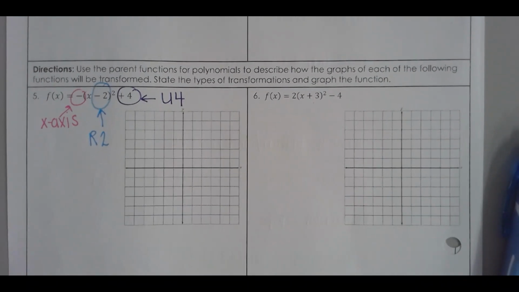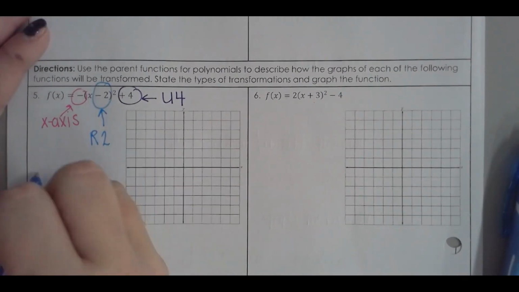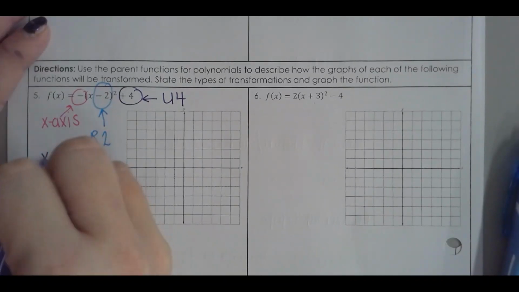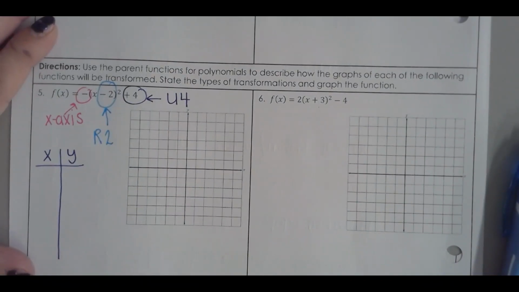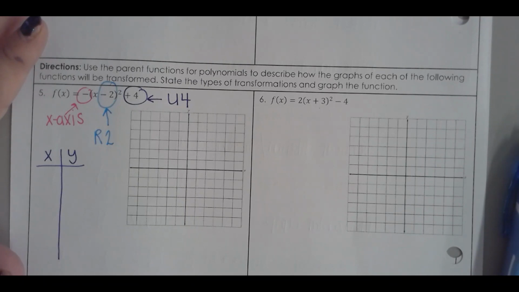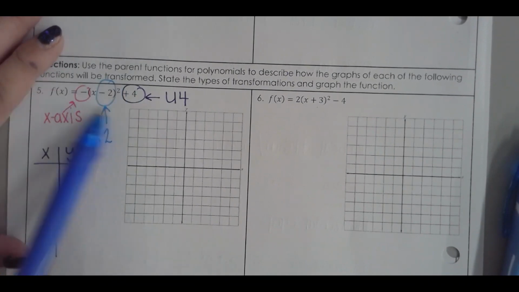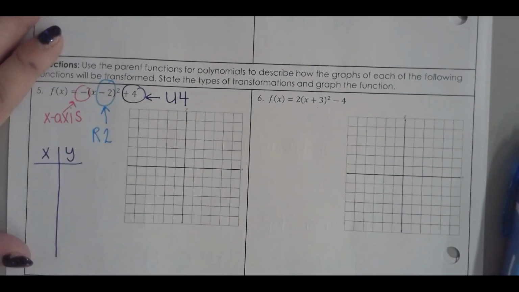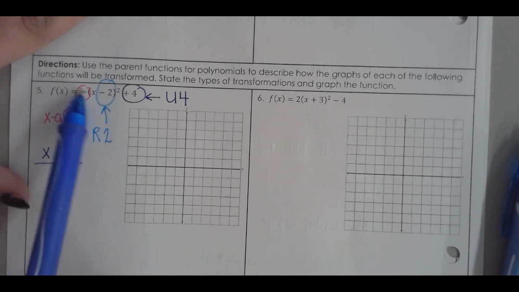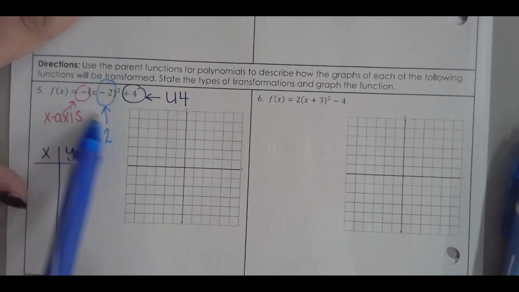So when it goes to graphing these, I think maybe the easiest way to do that is to kind of go with a table. In Algebra 2, these are quadratics. The x squared is a parabola shape. This is actually vertex form of a parabola.